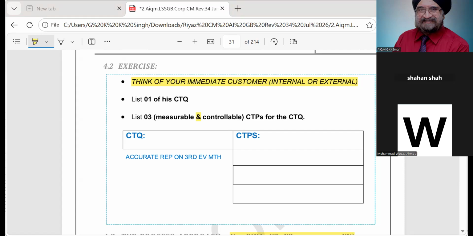Okay, so one critical to process is collect the data required 3 days before the deadline. That is given by Mr. Costas. Now Mr. Shenshaw has said data collection, data accuracy, and communication clarity. But what about the on time? So I think it will be data collection on time.